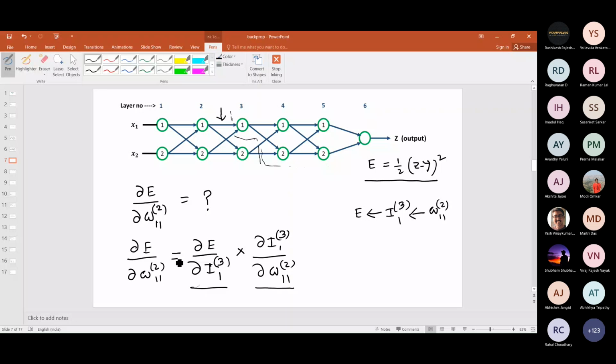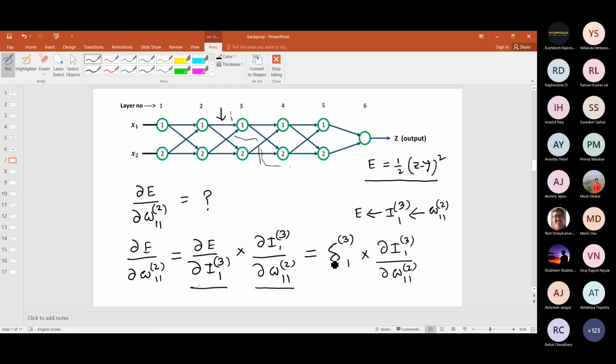So here, if you look at this, I just use a shorthand again. I don't want to write the long expression again and again, so I will just use this one. So del 3 1, and then del I 3 1 and del W 2 1 1.